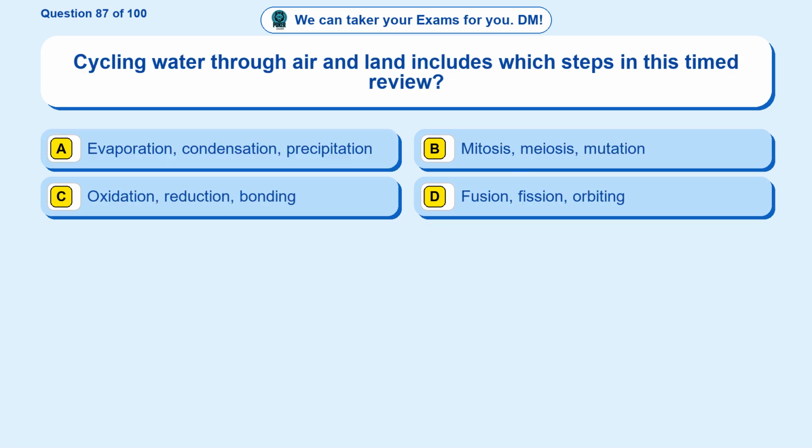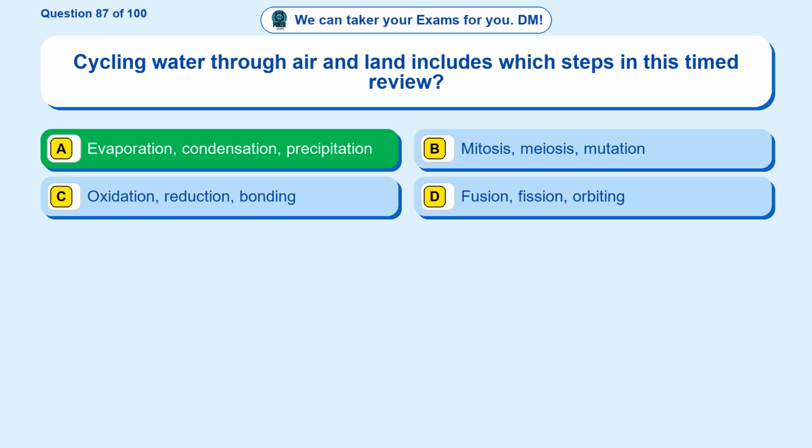Question 87. Cycling water through air and land includes which steps in this timed review? Option A, evaporation, condensation, precipitation. Option B, mitosis, meiosis, mutation. Option C, oxidation, reduction, bonding. Option D, fusion, fission, orbiting.